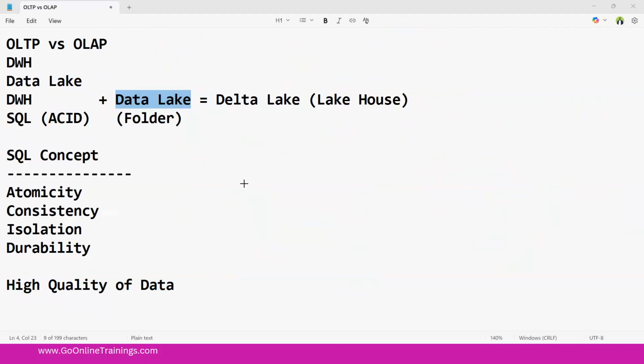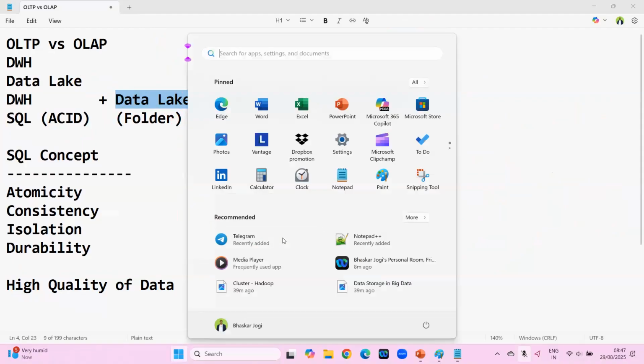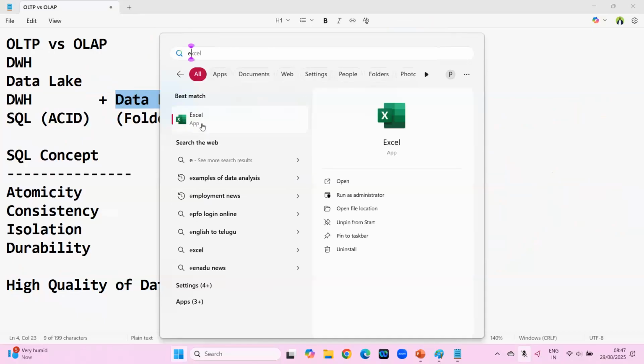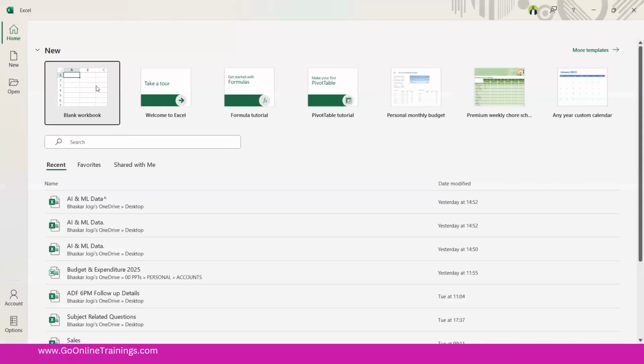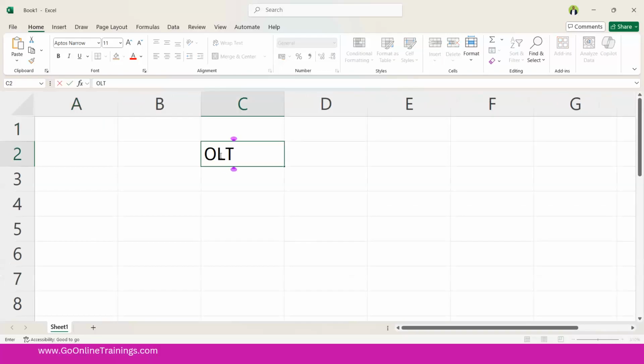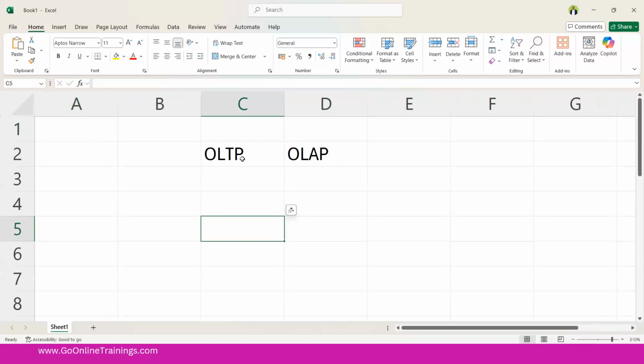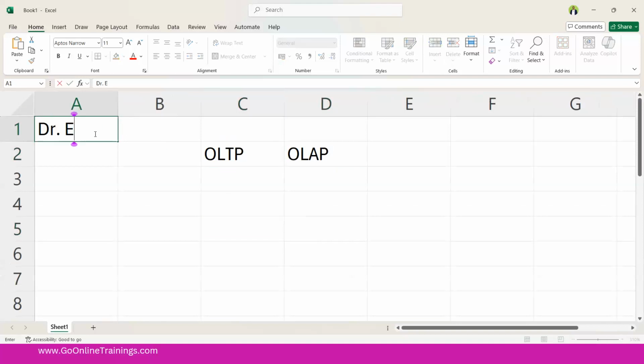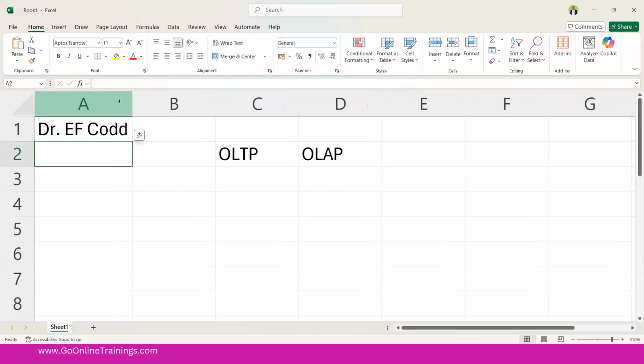Now, what is OLTP? What is OLAP? I have given you a brief description yesterday. These are important interview questions. You need to know clearly what is OLTP and what is OLAP. According to Dr. E. F. Codd, this guy gave the RDBMS concept.